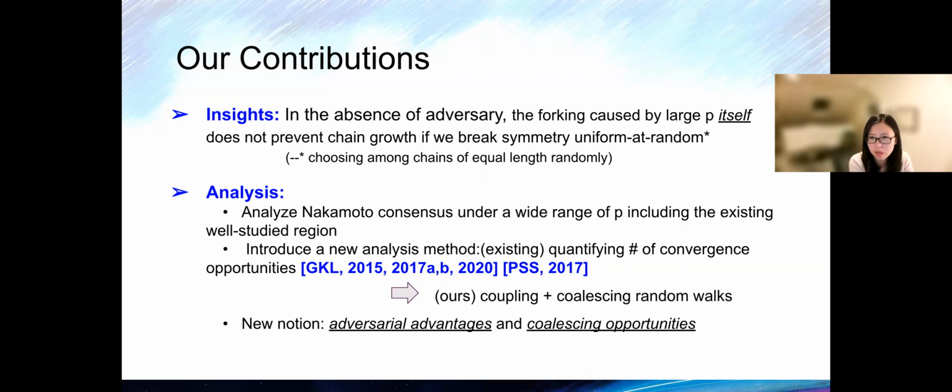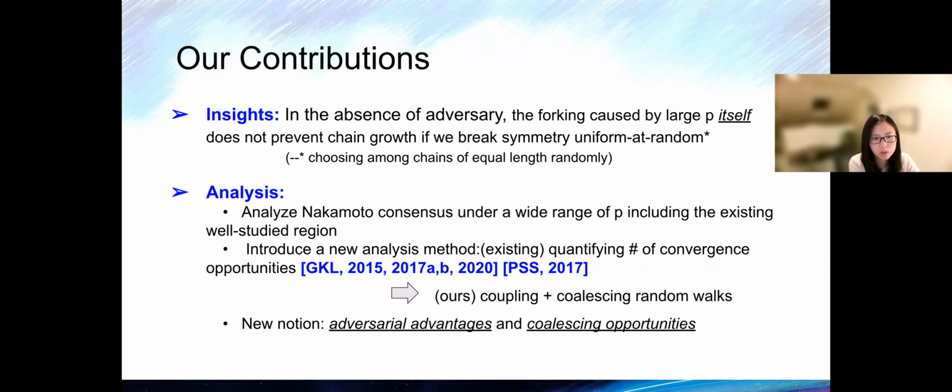Here, uniform at random symmetry breaking is where, if a miner sees multiple longest chains, the miner just chooses one of the longest chains uniformly at random, independently of other miners. On the analysis front, we have managed to analyze a much wider range of P, even including the existing well-studied regime and the high P regime.